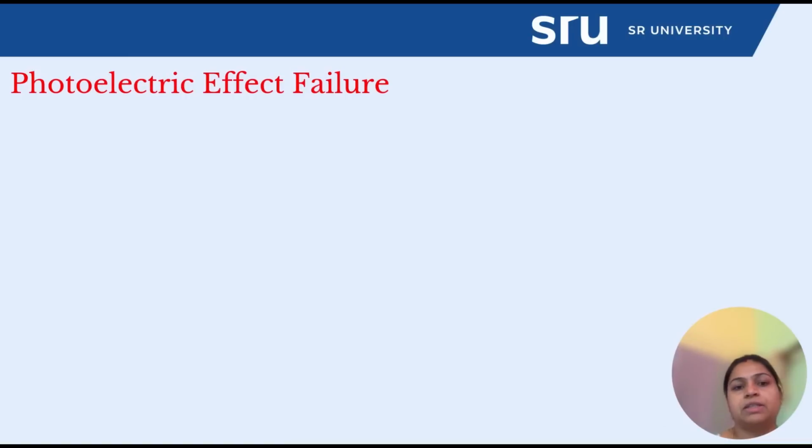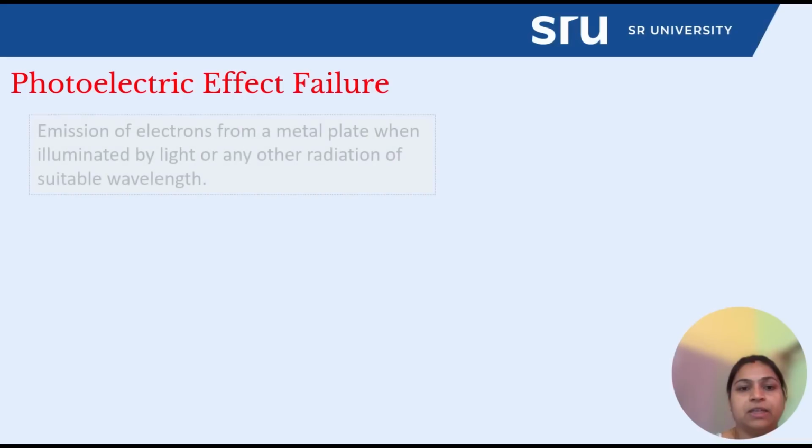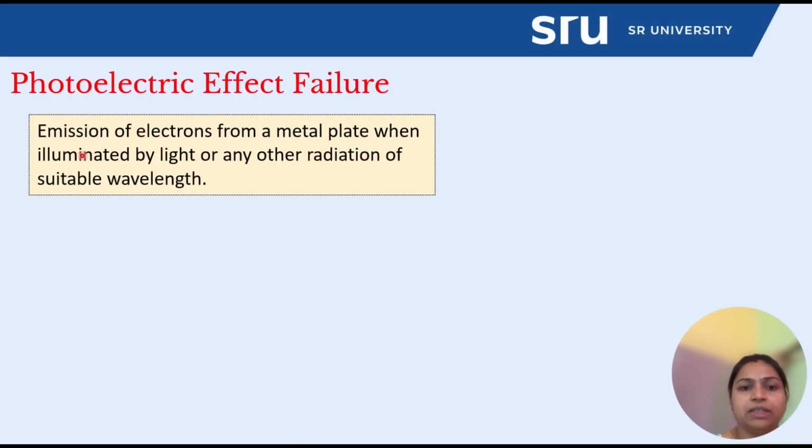Now we'll discuss the photoelectric failure. What is the photoelectric effect? When light shines on a metal surface, electrons are ejected from it. It is nothing but the emission of electrons from a metal plate when illuminated by light or any other radiation of suitable wavelength.